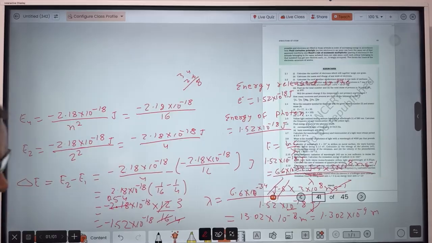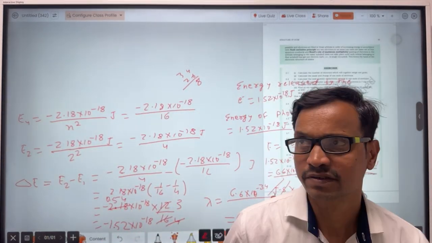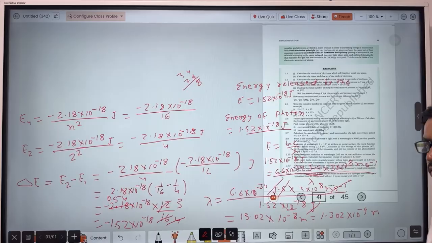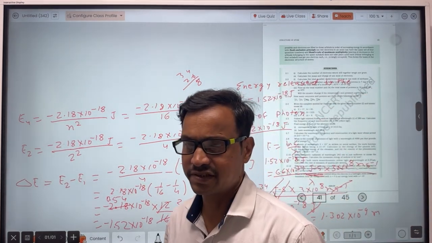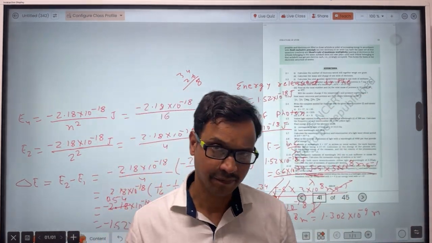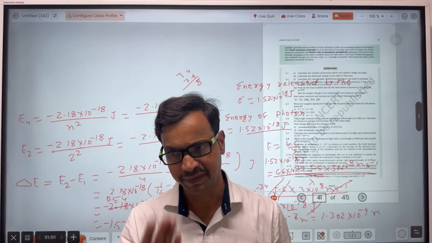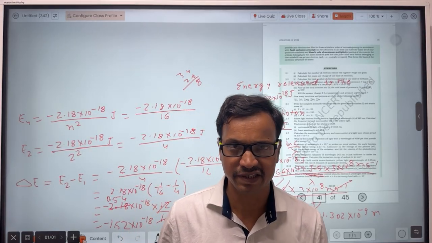So this question was solved in this manner. When the electron falls from n equal to 4 to n equal to 2, the energy of the electron decreases. The rest of the energy is emitted in the form of electromagnetic radiation.